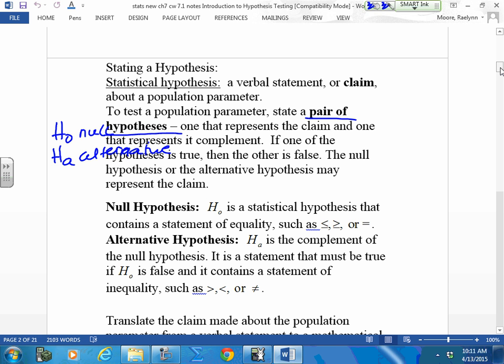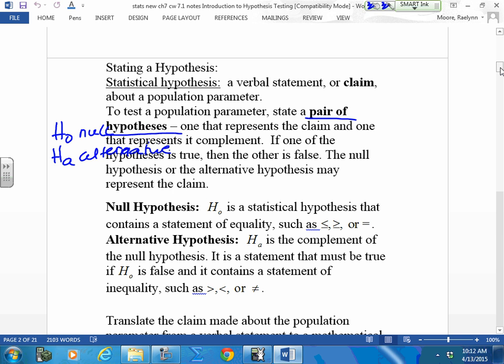It's going to be the opposite of your null statement. Okay? If one of these is true, then the other one can't be true. It has to be false, because they're opposites of each other. The null hypothesis or the alternative hypothesis may be the claim. One of them is the claim, the other is not, and it doesn't matter to us.